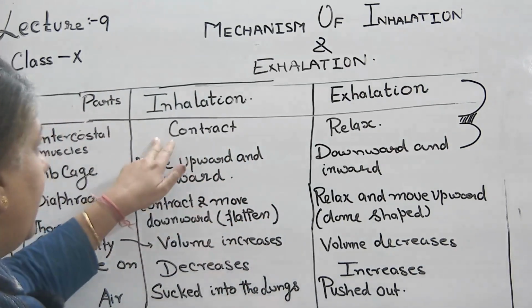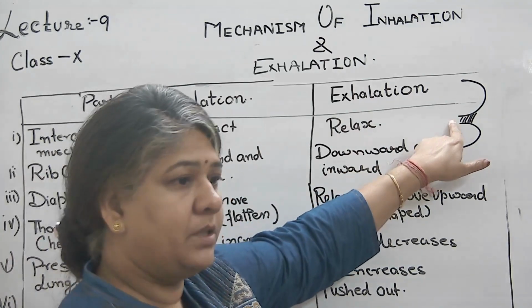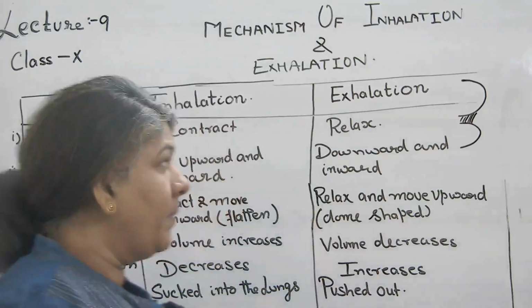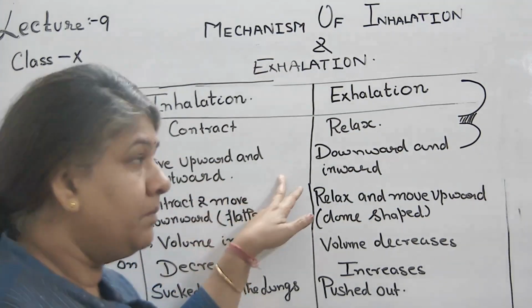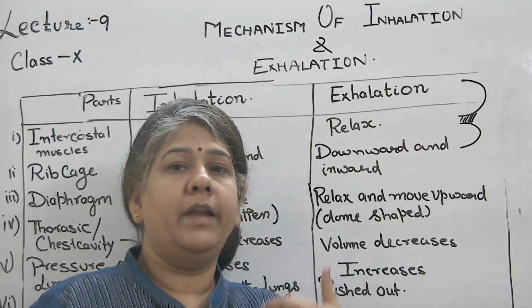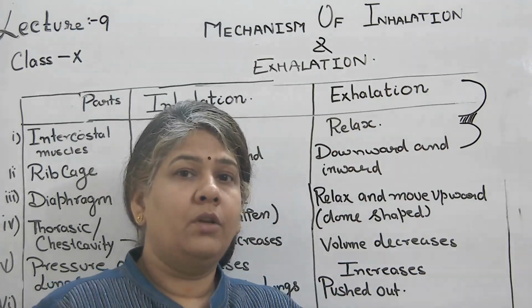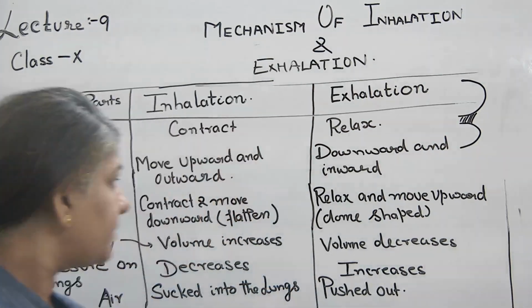So during inhalation, or taking in of air, these intercostal muscles will contract, thus pulling the rib cage upward and outward. So you can feel it. You inhale deeply. So what do you feel? The chest is moving upward and outward.